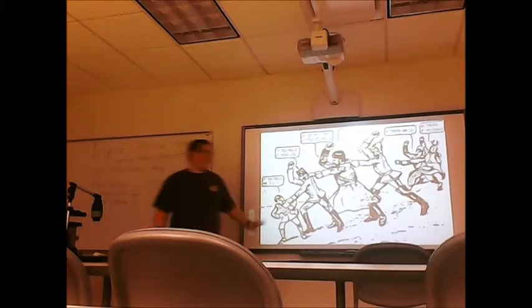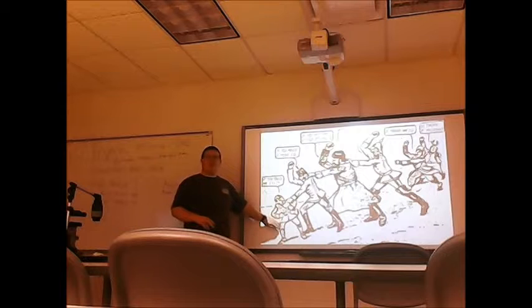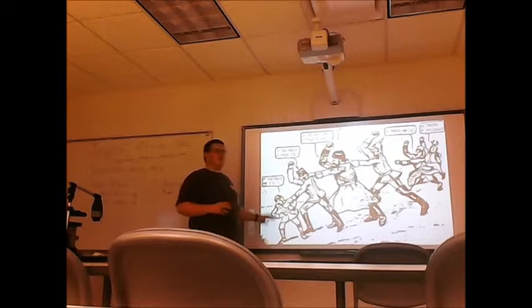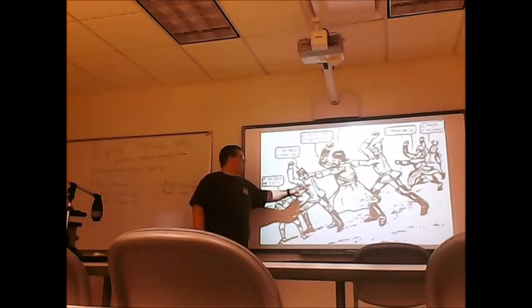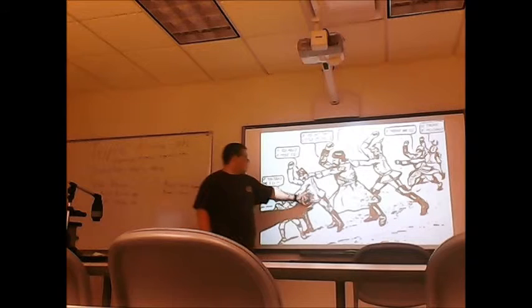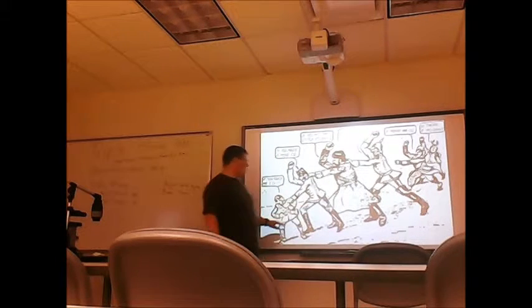Here's a good comic that pretty much exactly shows why World War I started. We have the little guy Serbia here, and because he assassinated the Archduke of Austria-Hungary, Austria-Hungary attacked Serbia. Because Austria-Hungary attacked Serbia, Russia attacked Austria because of their alliance with the Slavic states.